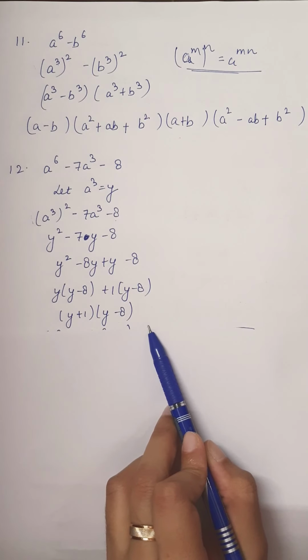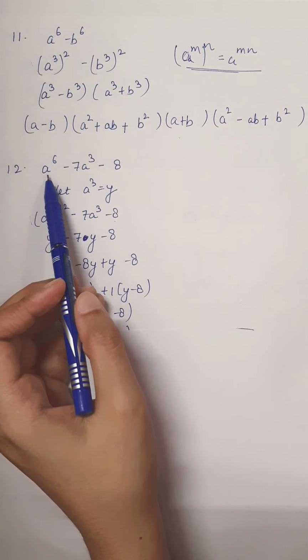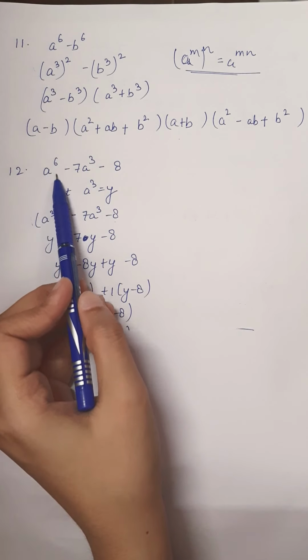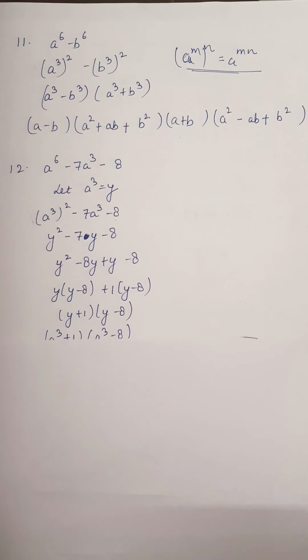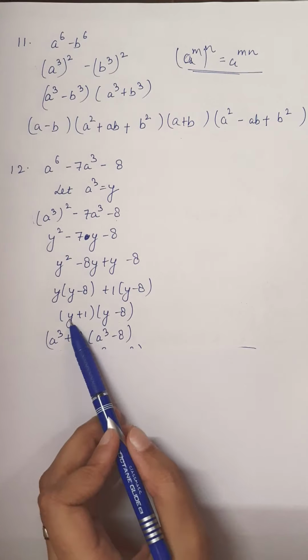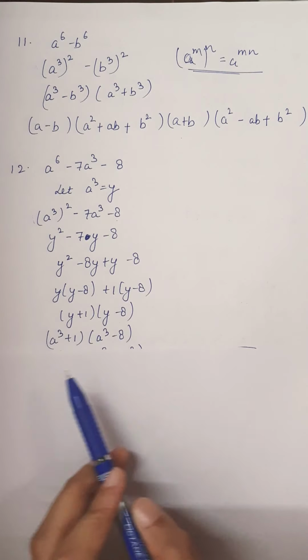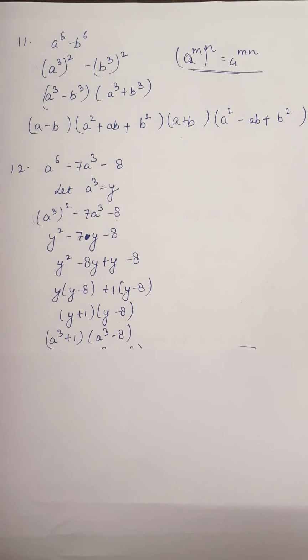So I hope you all are aware of it. Now the question was to factorize the given polynomial in terms of a. I have changed the symbol to y. So I need to shift it back. At the place of y, I have substituted its value, a cube plus 1 and a cube minus 8.